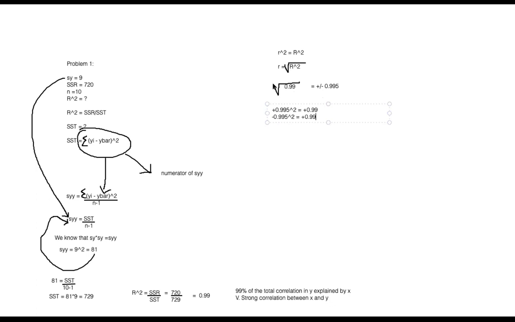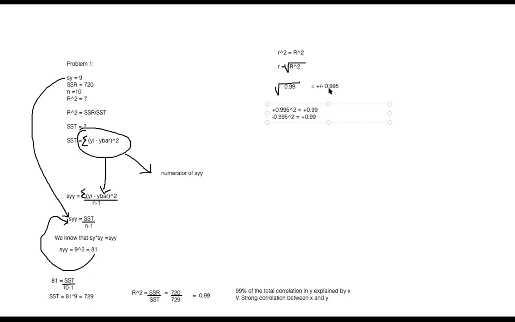So that's why when you do the reverse, you take the square root, you have to say that, well, the answer is 0.995, but it is plus or minus. So anytime you take the square root of a number, the answer is plus or minus, right? Always plus or minus.